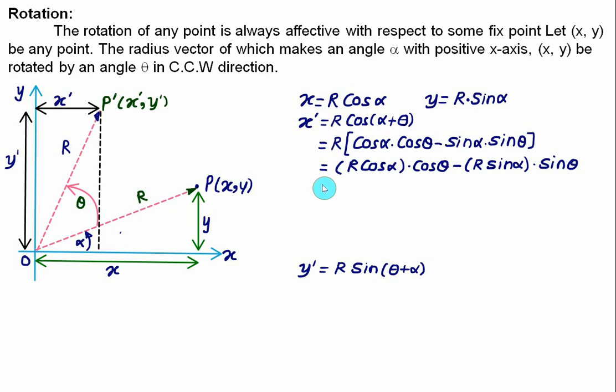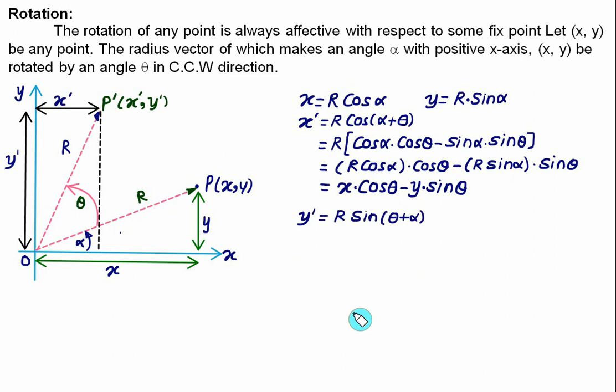So r cos alpha is nothing but x, so we have x prime is equal to x cos of theta minus y sine of theta. Anytime we want a new coordinate, we just need to know the angle between the original point and the new point.